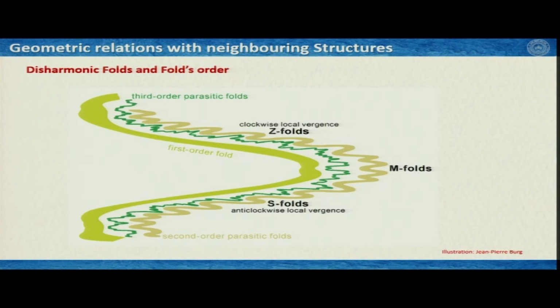Now, harmonic and disharmonic folds are also related to some sort of ordering of the folds. As you can see here, this is what we learnt earlier: Z fold, M fold, S fold and so on, clockwise local vergence, anti-clockwise local vergence and so on. Here you also develop these W folds.